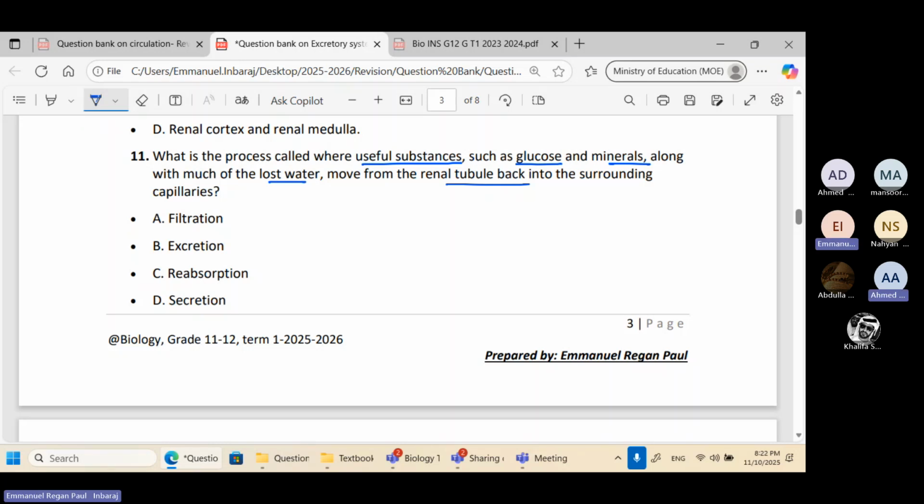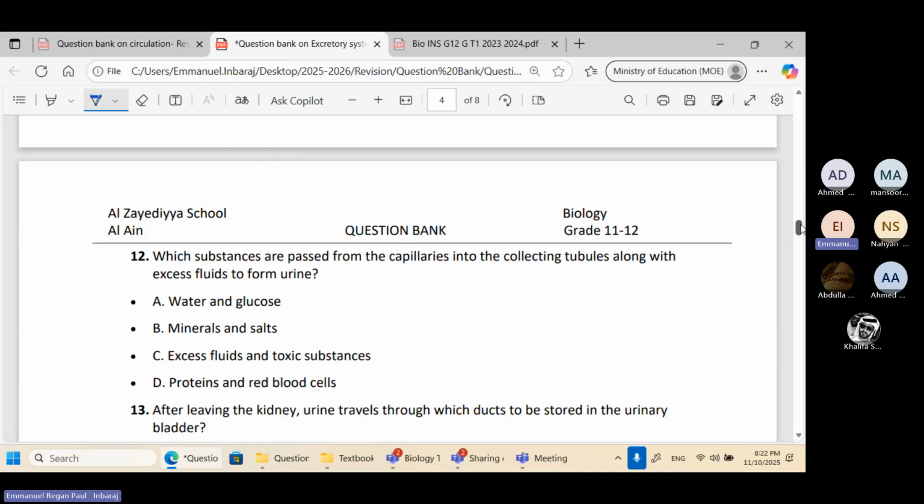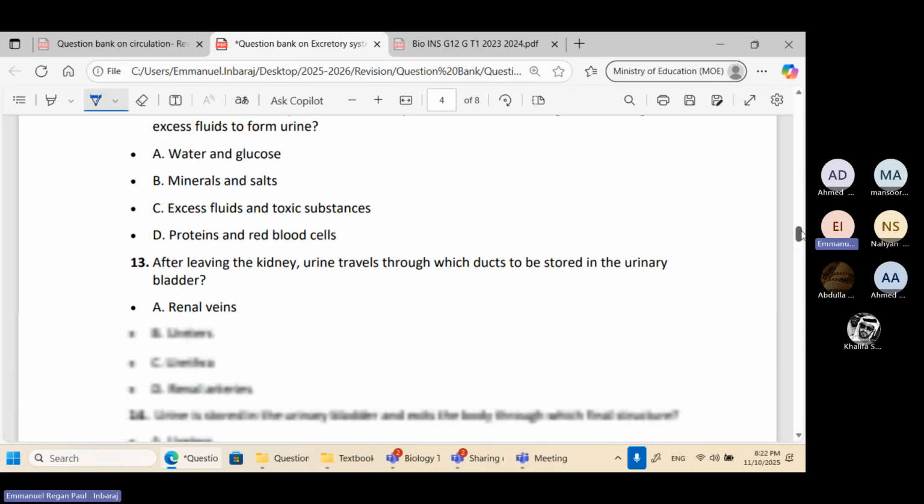See, this is called reabsorption. So in reabsorption, glucose and minerals are taken back inside. Now let's do one more question and then we will go to the next one.